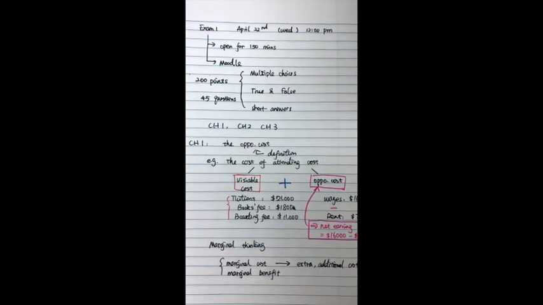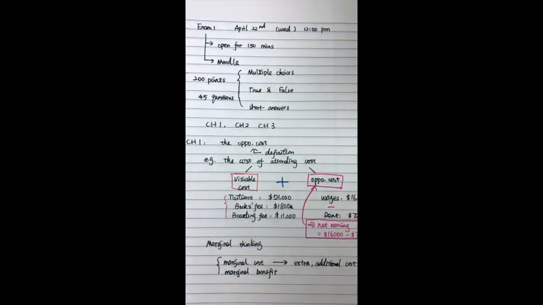Those are the keywords when you find the marginal cost. In this chapter, rational people will only make a decision if marginal benefit is larger than marginal cost. I think these are the two important things I hope you can understand about chapter 1.